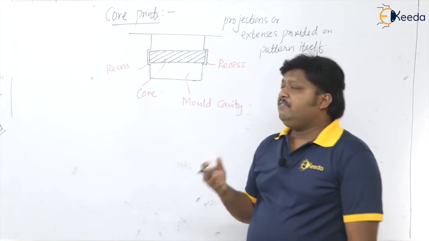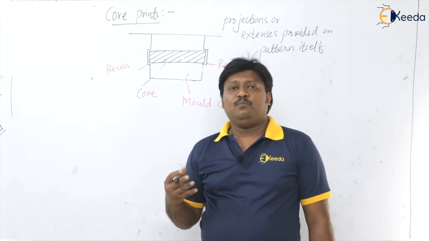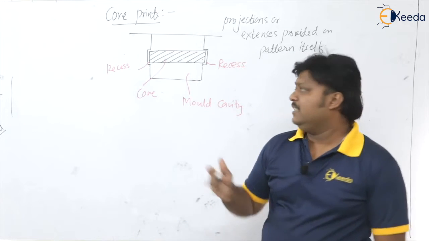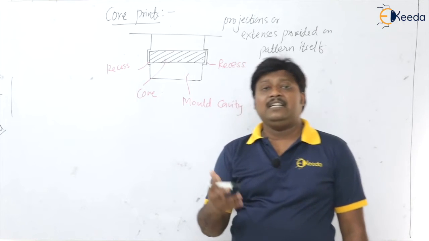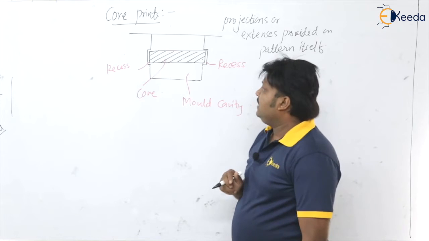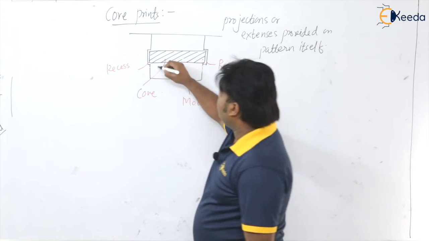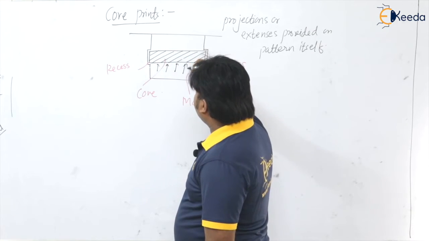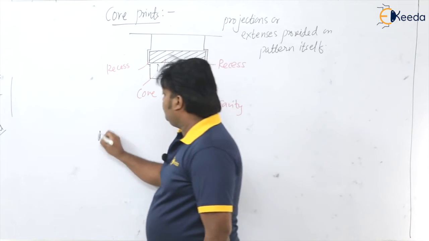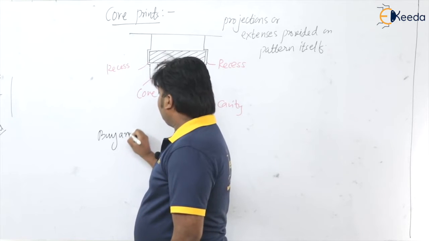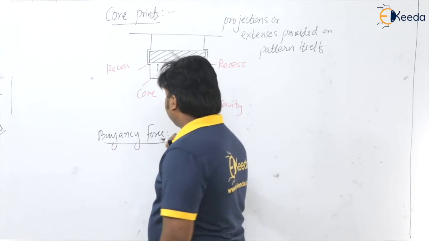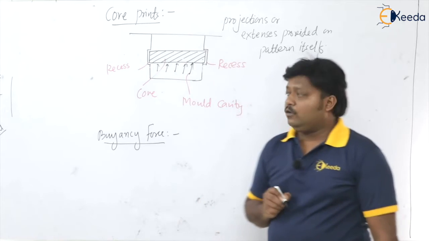But when we are dealing with aluminum, copper, lead, tin, etc. as a molten material, the density of the core is greater than the density of the molten material. Now let us see what buoyancy force is going to act on this core. So the net buoyancy force which is acting on the core.